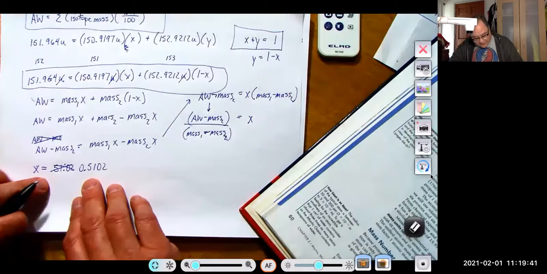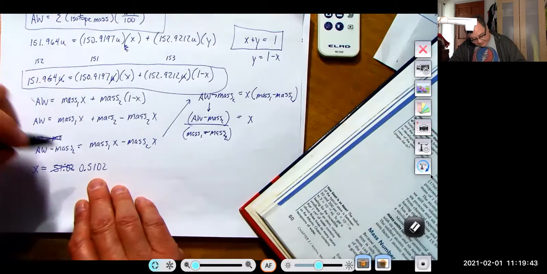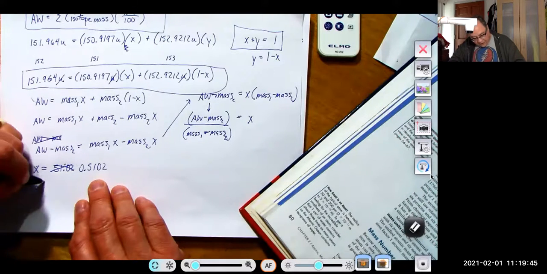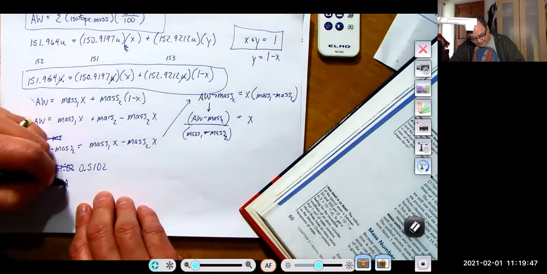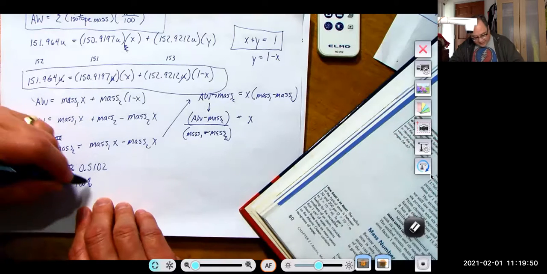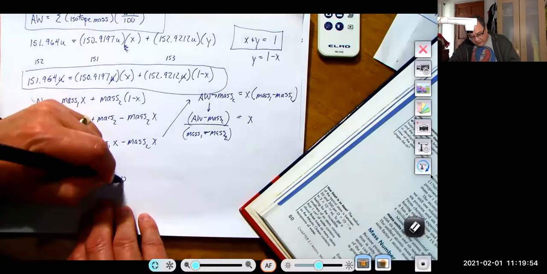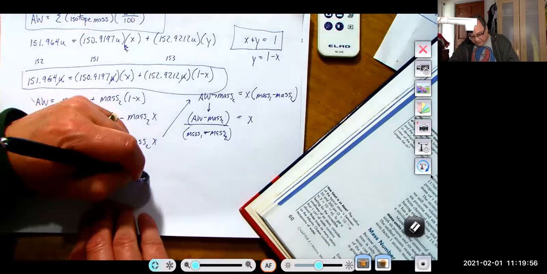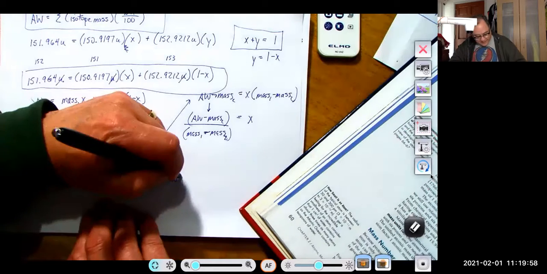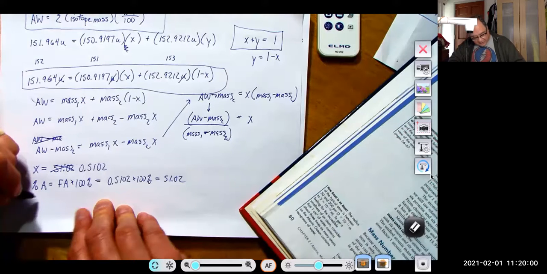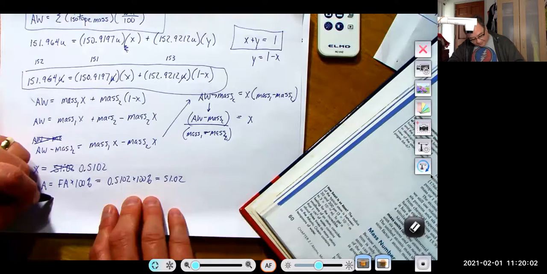So to get the percent abundance, it's the fractional abundance times 100%. So in this case, we would get 0.5102 times 100%, which is 51.02. And then the percent abundance of the other one, I would do it this way.